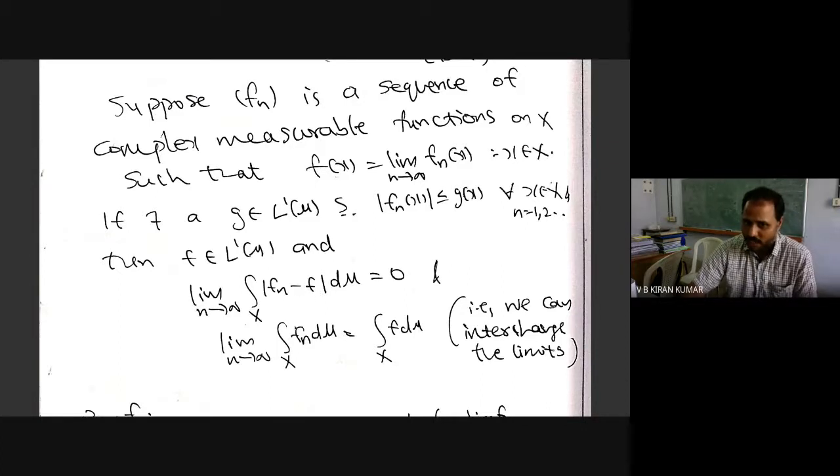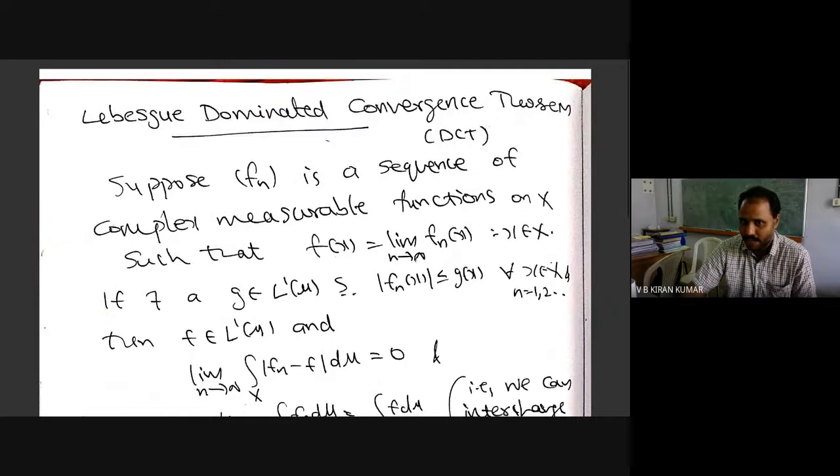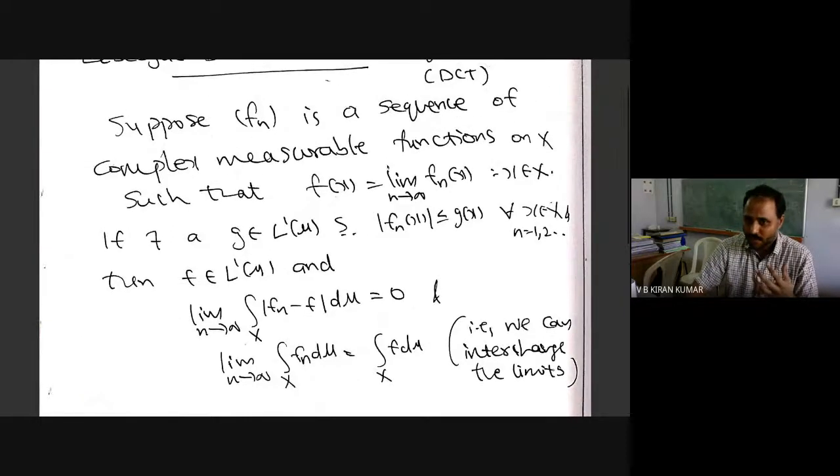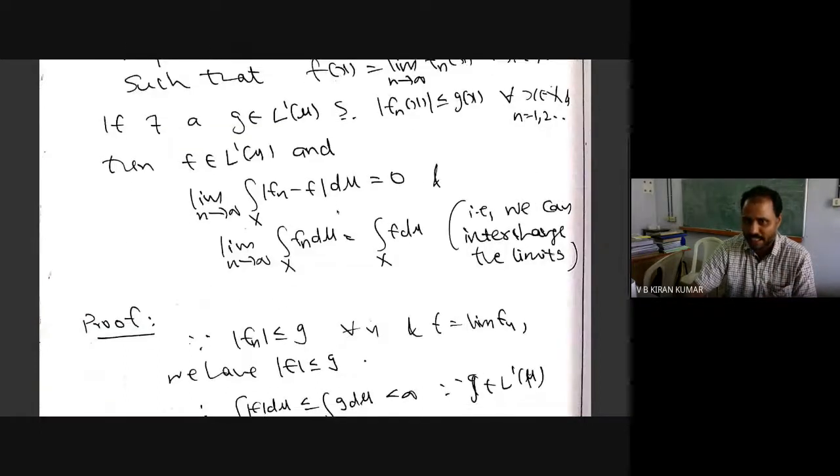Or in other words, this will imply that the integral of f_n converges to the integral of f. That means you can interchange the limit and integral. Remember, we have only pointwise convergence here. So this eradicates some of the limitations of our Riemann integration.